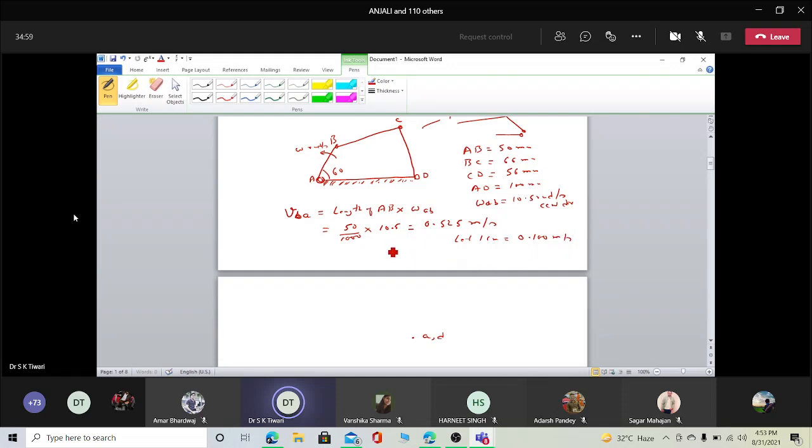It means for representing a velocity of 0.525 meters per second, I need to draw a vector of 5.25 centimeters. Yes or no? Yes, sir. ठीक है. अब मेरे को वेक्टर का लेंथ भी पता चल गया.